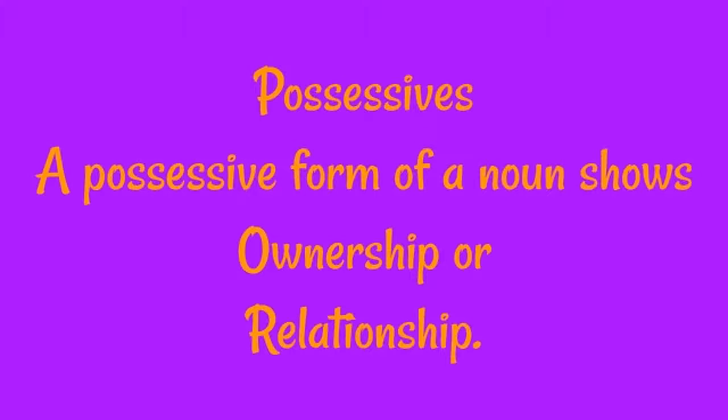You might be asking yourself, what's a possessive anyway? Maybe you learned a lot about this in elementary school, maybe you learned very little. But we need to talk about possessive nouns before we can really start talking about apostrophes. Possessives are forms of a noun that show ownership or relationship.